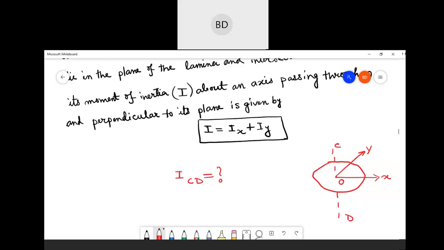Okay, so is it clear? Am I clear to all? CD is a perpendicular axis and x and y are also mutually perpendicular, so they are orthogonal actually. They are orthogonal, and this is also orthogonal to it. So in that case, you first find your Ix and Iy, then add them up and you will get this equation.